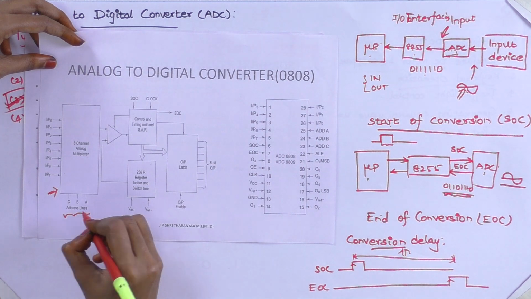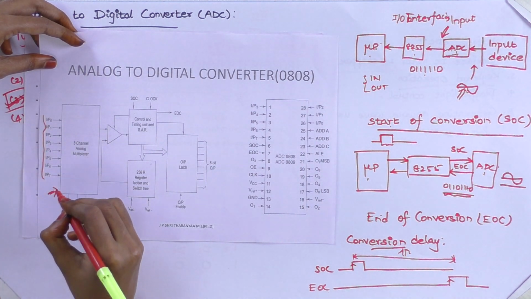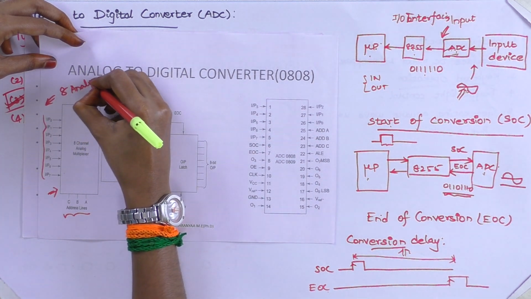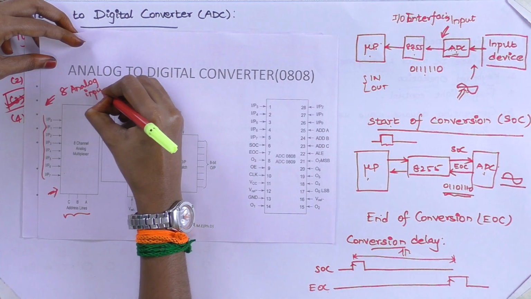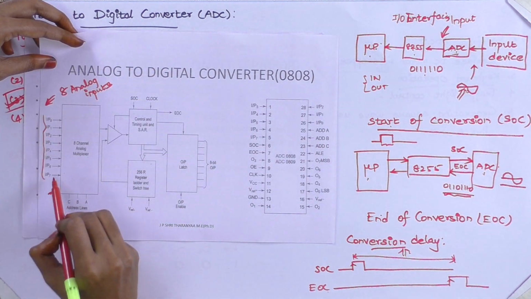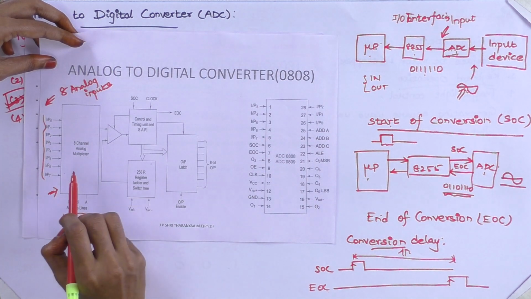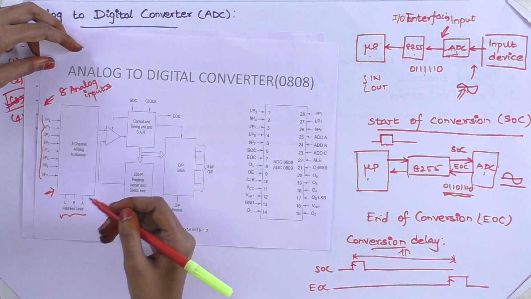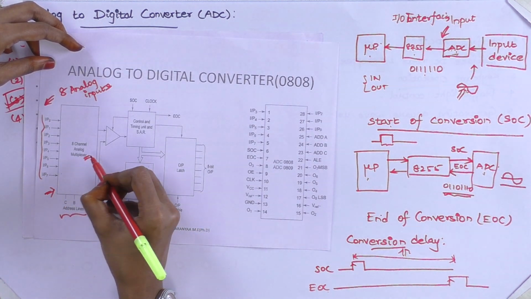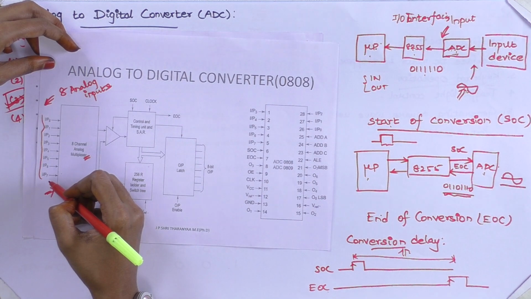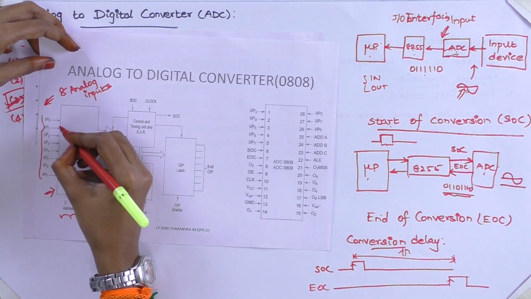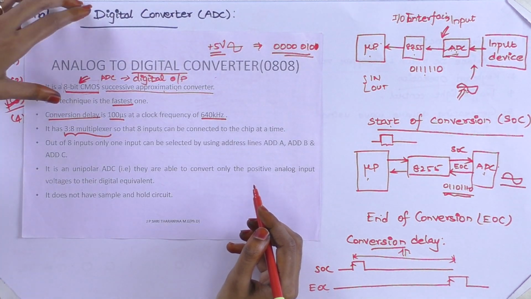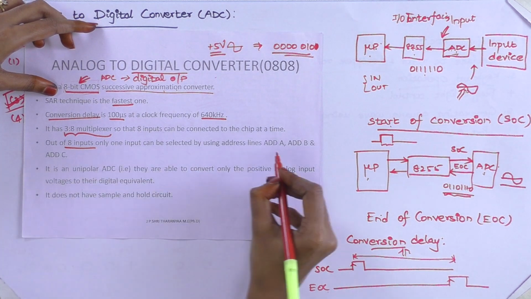So it has 3 select signals and 8 input signals, which means you can connect 8 analog inputs, 8 different devices which give analog data as input. So this mux will select one of these 8 inputs using the select lines.